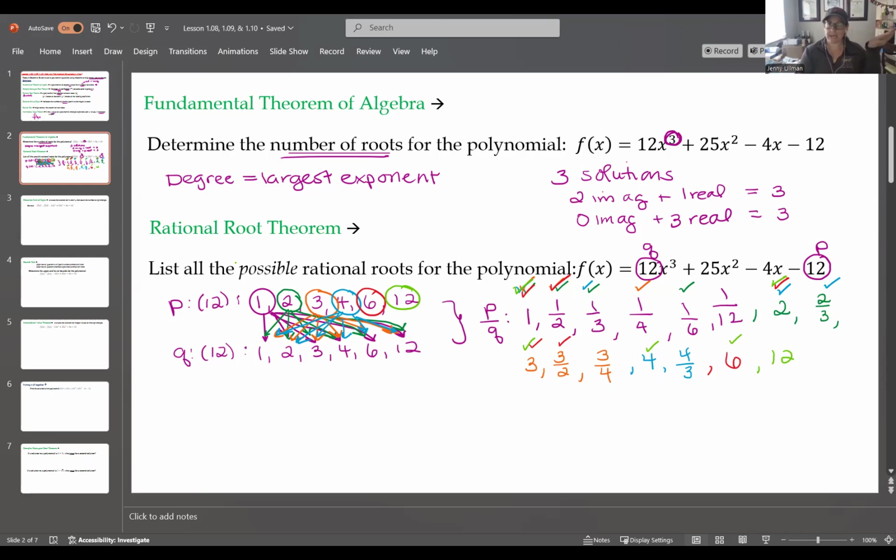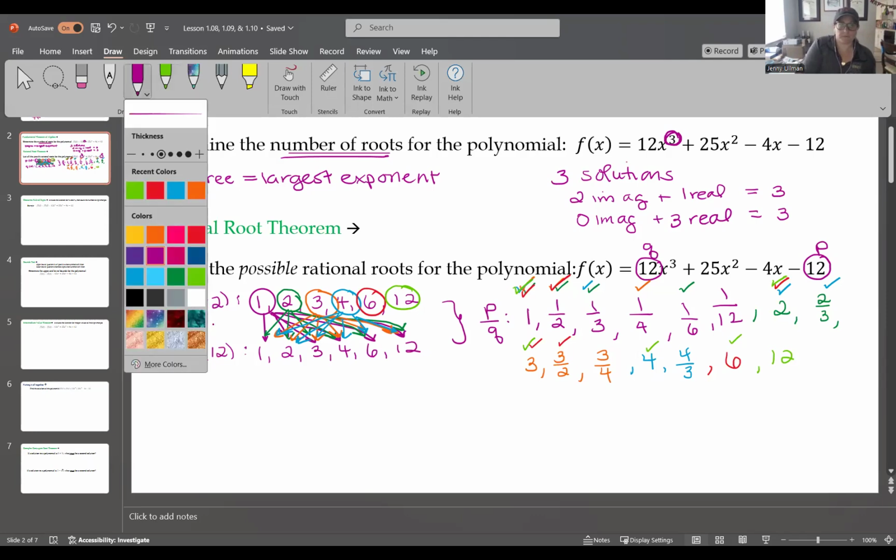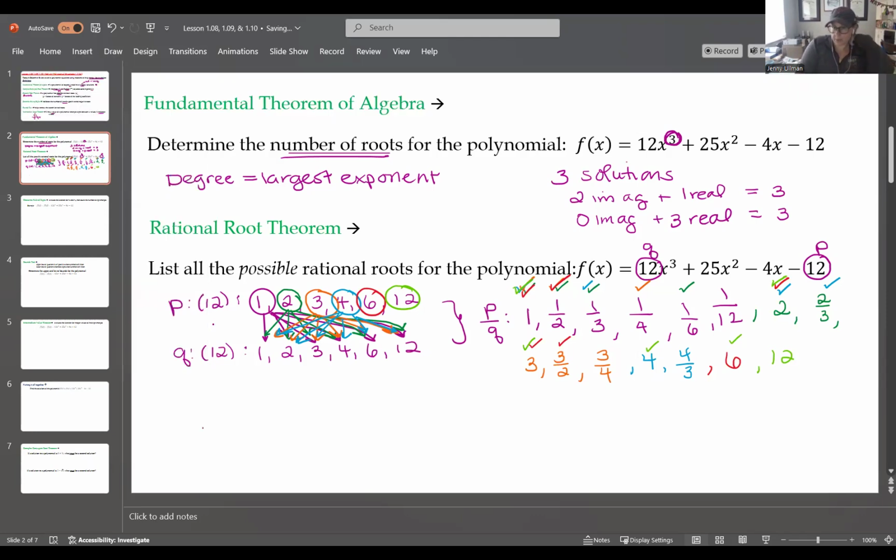So all I did is take every number in the top, divide it by every number in the bottom, and I come up with this list. So I will write my final list here. I'll start with the integers first. So I've got 1, 2, 3, 4, 6, and 12.